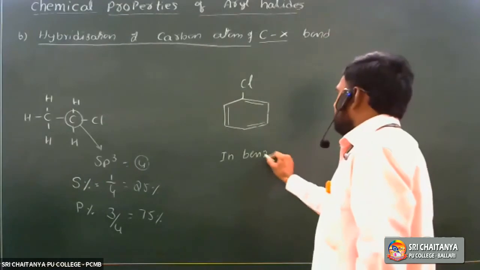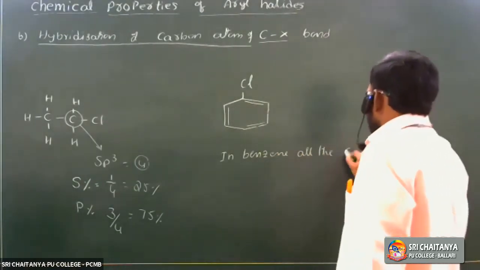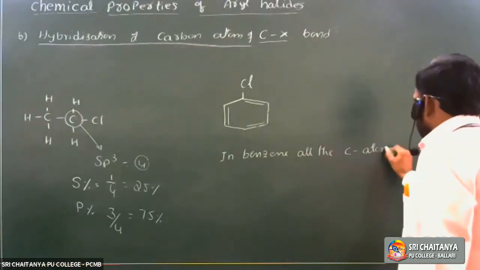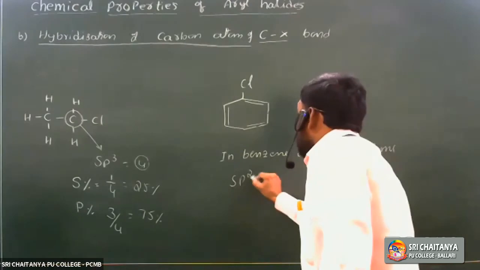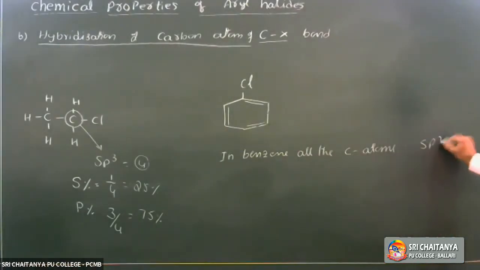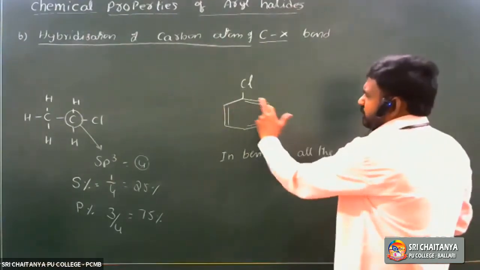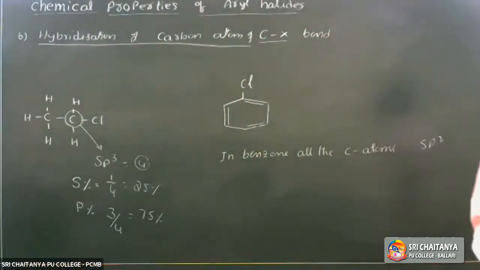In benzene, all the carbon atoms undergo sp2 hybridization. Here the hybridization of all the carbon atoms is sp2. All are sp2 hybridized carbons.